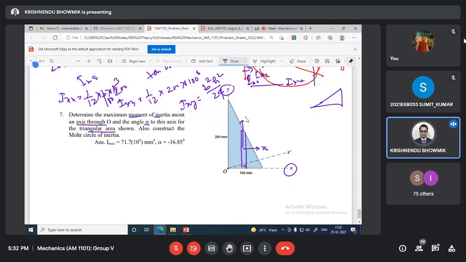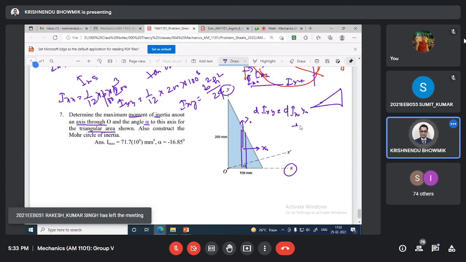Then what I'll write: dIXY equal to dIX0Y0 plus area.